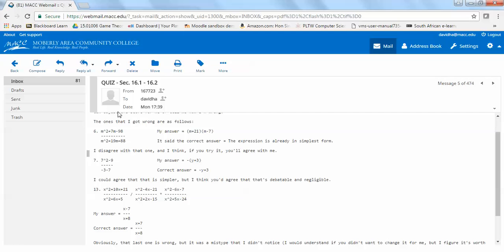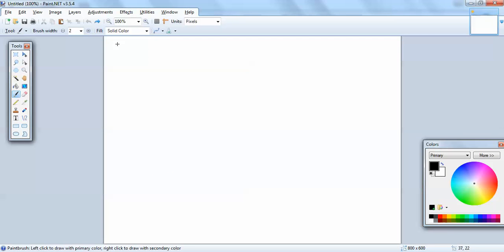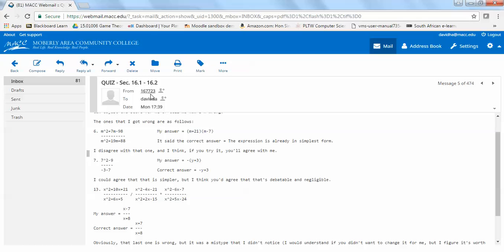Now on number 7. I'm not quite sure what you wrote here, but you came up with this answer, and this is the correct answer. 7 squared minus 49 over negative 3 negative 7.